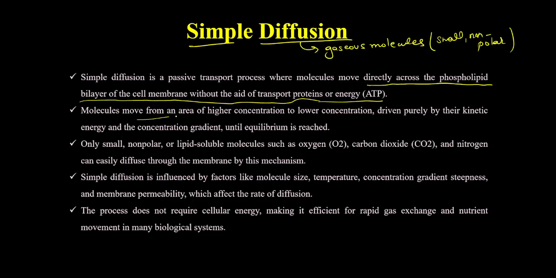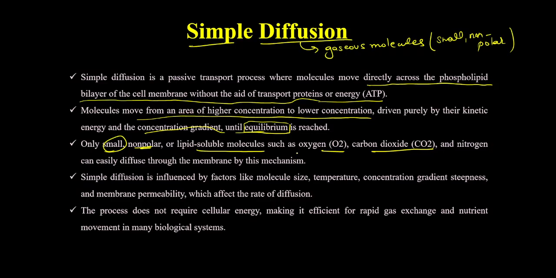These molecules move from an area of higher concentration to the low concentration, down the concentration gradient, until equilibrium is attained. Okay, this is the concept. Only small and non-polar molecules, or we can say lipid soluble molecules such as oxygen, carbon dioxide and nitrogen, can easily diffuse through the membrane by this mechanism.